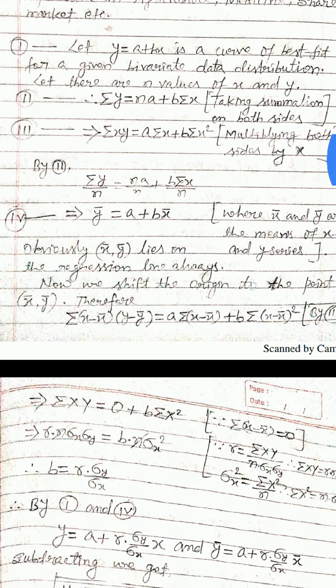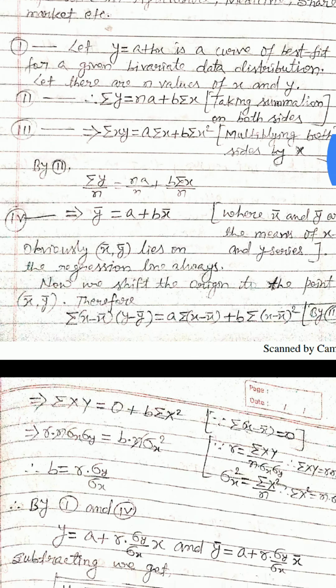Summation of xy is equal to a summation of x plus b summation of x square. That changes to: in place of x we write x minus x bar, in place of y we write y minus y bar, is equal to a into (x minus x bar) plus b into (x minus x bar) square.